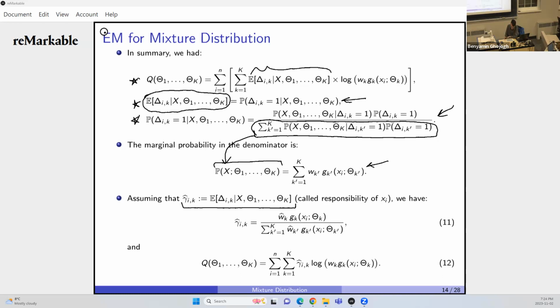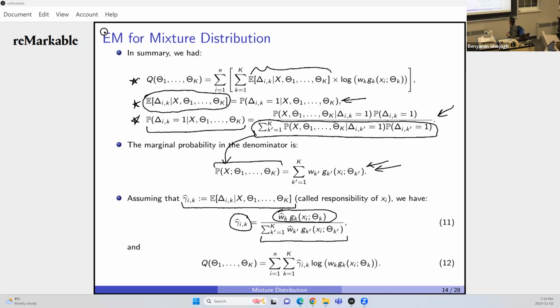So as a result, this expectation, according to this, is equal to this, and we denote it by delta ik hat. The denominator we just said is this denominator, and the numerator is just one of the terms of the denominator, right? So delta ik hat is found as in equation 11.